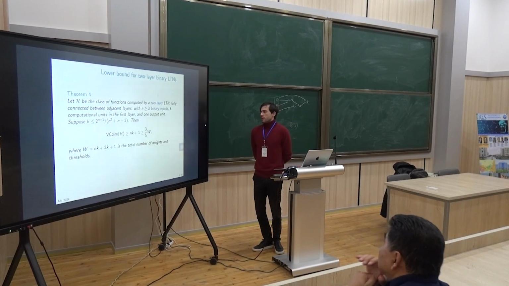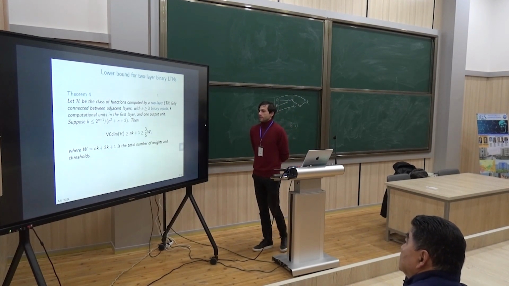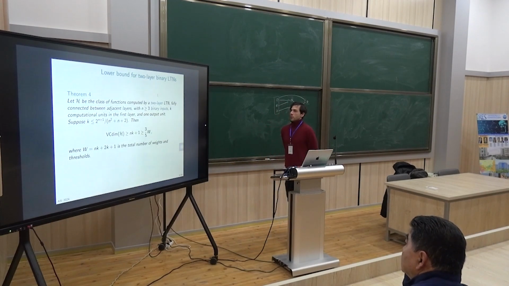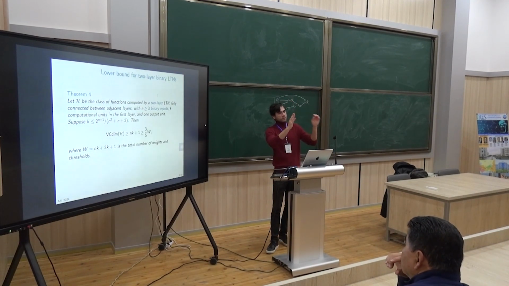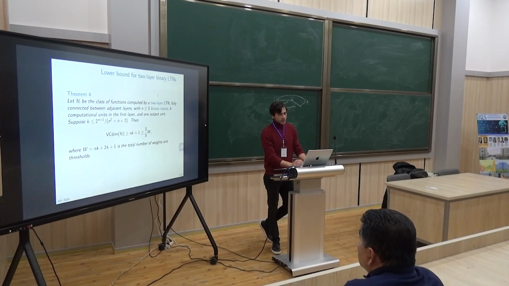And we can consider special cases and try to bound that number from below. So one special case would be a linear threshold network with 2 layers. And we're going to consider the case when these are fully connected between adjacent layers. So the neuron in one particular layer receives connections from all the neurons in the previous layer.